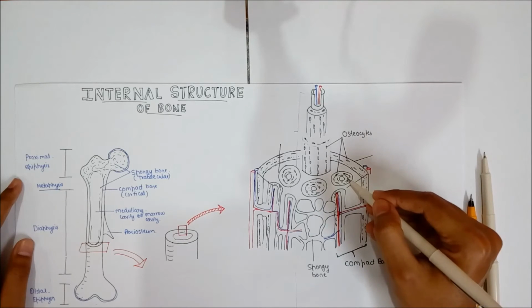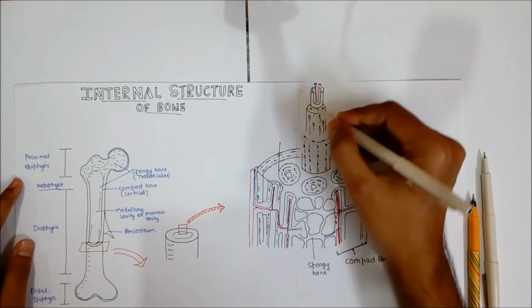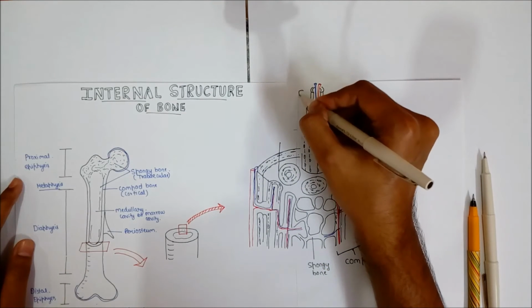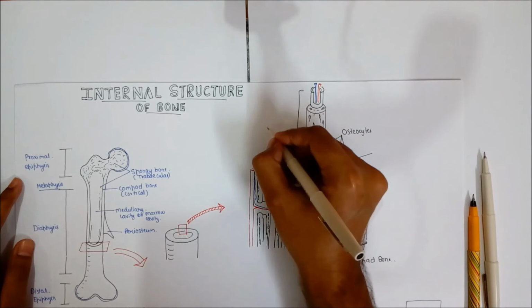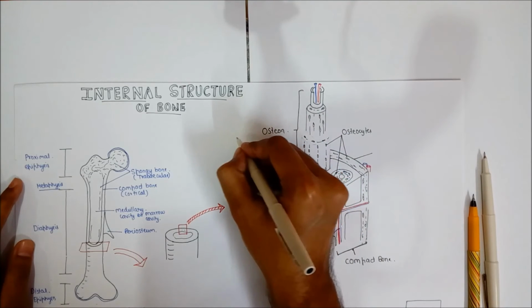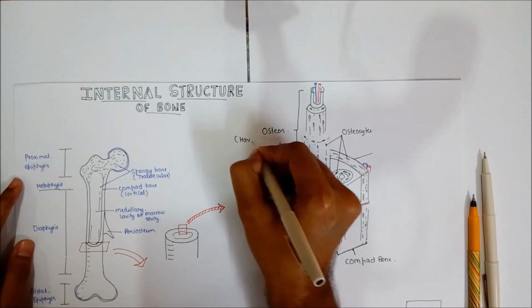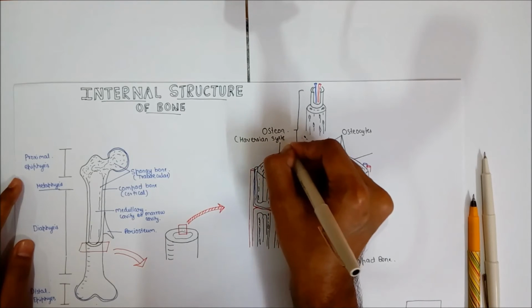These are called the Haversian systems or the osteons. When you pull one of these out, this is how it will appear. This is the osteon, or the Haversian system.